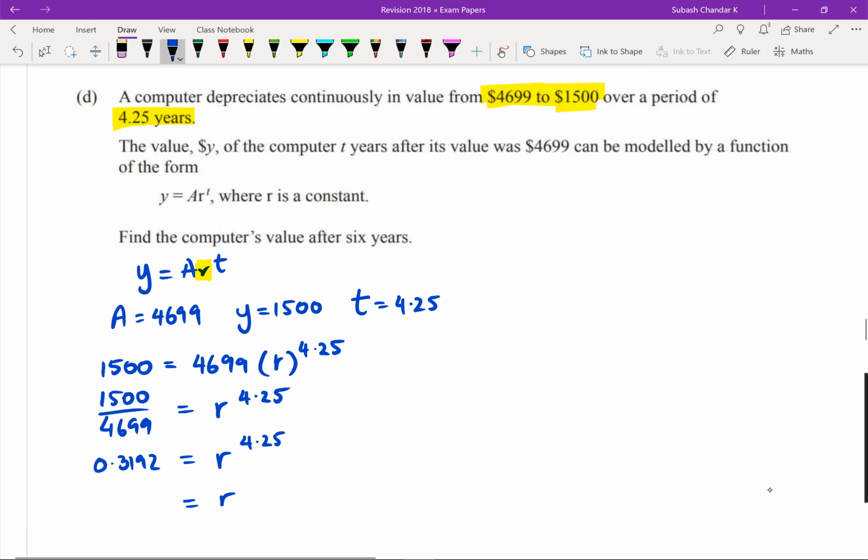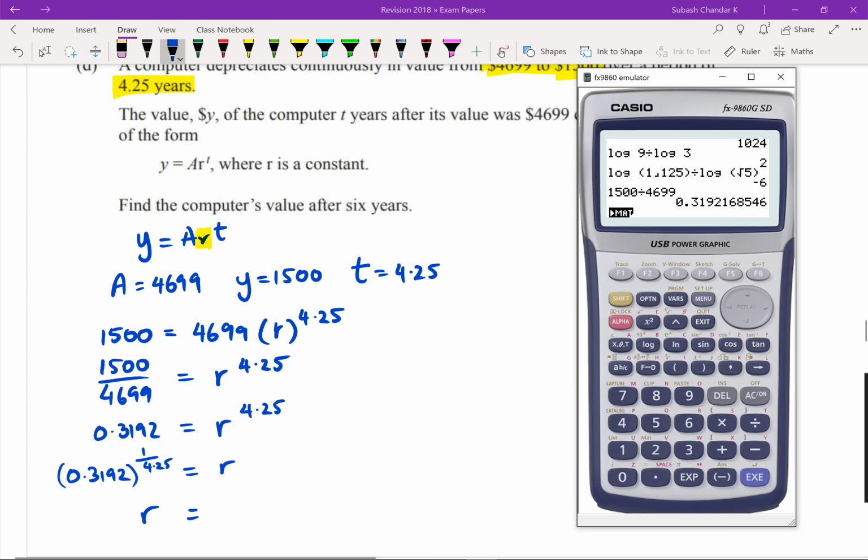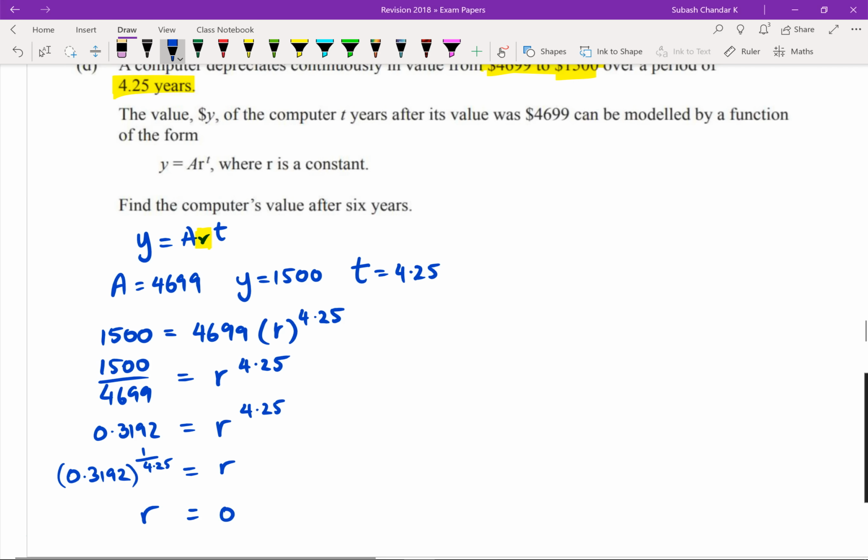And if I want to figure out what R is, all I have to do is raise it to the power of 1 divided by 4.25. By doing this, it's going to give me the R value. So I'm just going to go answer to the power of 1 divided by 4.25. When I do this, R is 0.764.